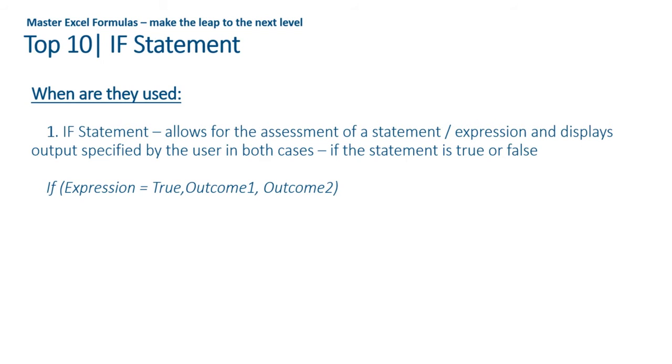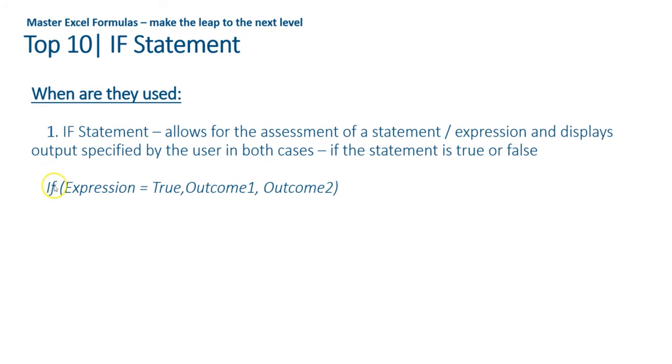So when is that used? The if statement is used when the user needs to assess a statement, and if the statement is correct, it should show a specific output, and then if the statement is not correct, then it should show another output.